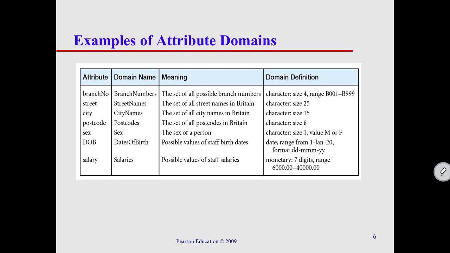The domains are pretty much what you would expect, but in databases there are a couple of domains that are not common in traditional programming languages. So dates are a common type in a database.